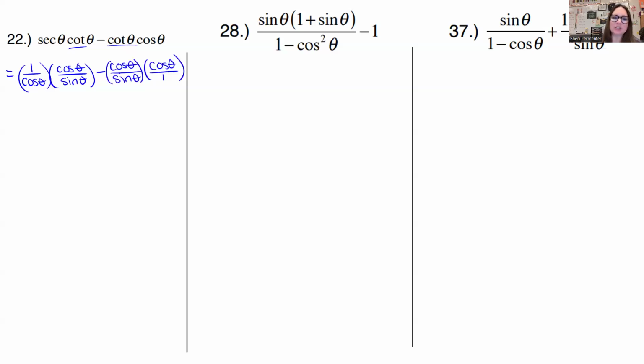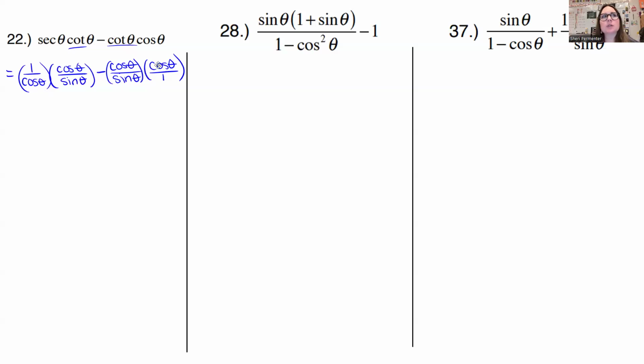Can anything cancel? Because that's usually why we turn things into terms of sine and cosine. Do you see anything that can cancel? Yeah, cosines can cancel over here. Can anything cancel over here? Nothing can cancel, but I could make this one fraction.